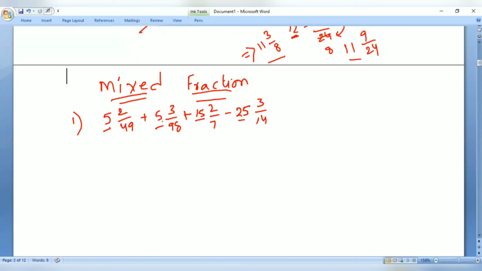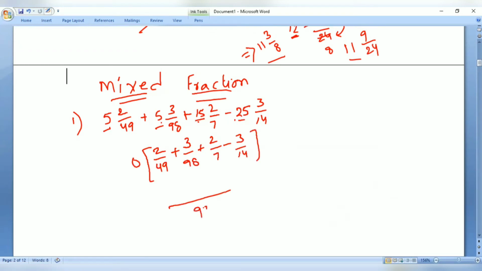So 5 plus 5, 10 plus 15, 25 minus 25, 0. So here nothing. Now here in this case, 2/49 plus 3/98 plus 2/7 minus 3/14. Now the LCM is 98.